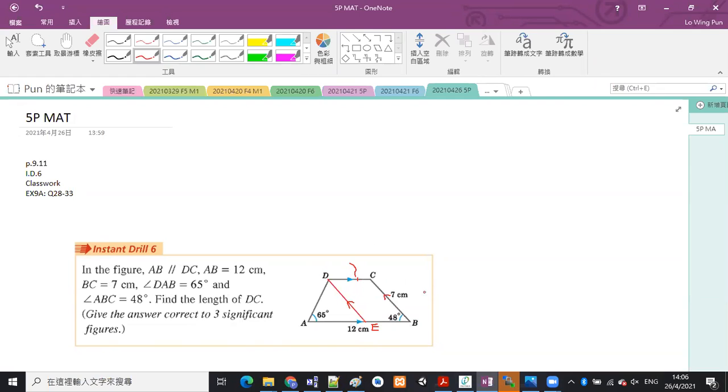But EB is just a part of AB. So if we can find AE, then we can use 12 minus AE to find the length of EB.